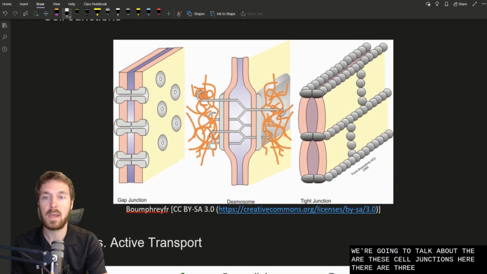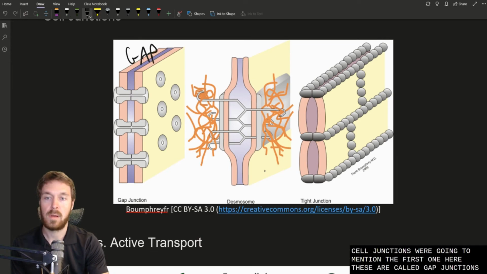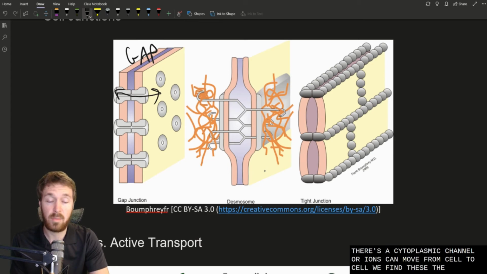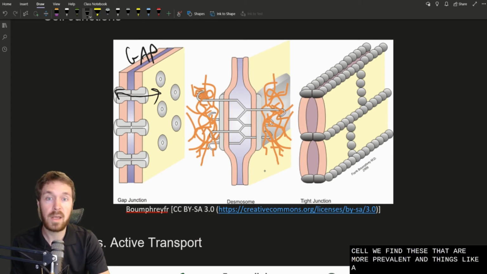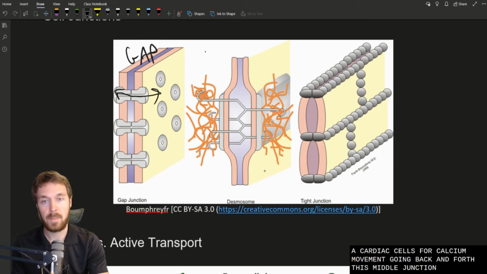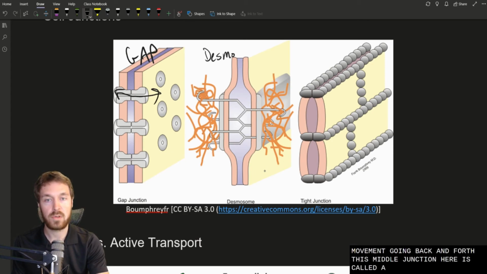There are 3 main kinds of cell junctions we're going to mention. The first one here, these are called gap junctions, meaning there's a cytoplasmic channel where ions can move from cell to cell. We find these more prevalent in things like our cardiac cells for calcium movement going back and forth. This middle junction here is called a desmosome.